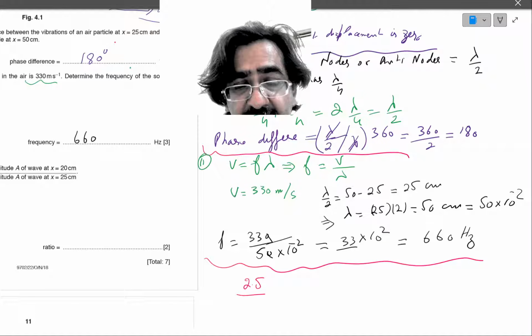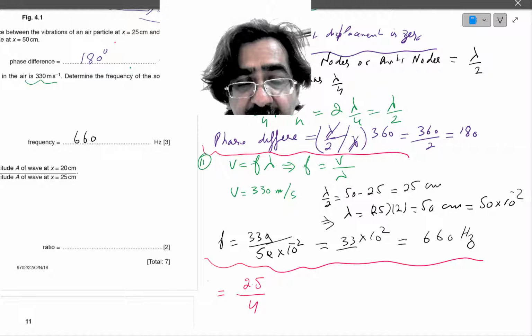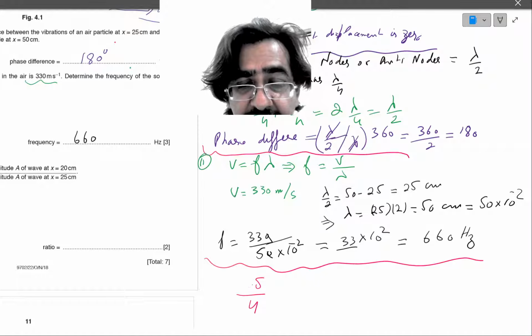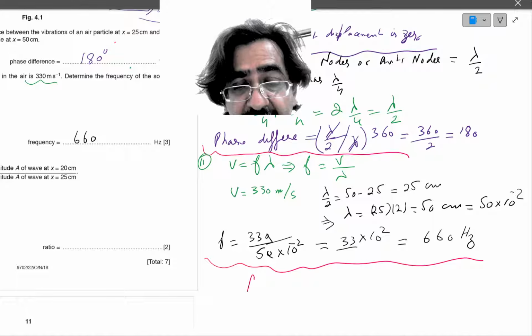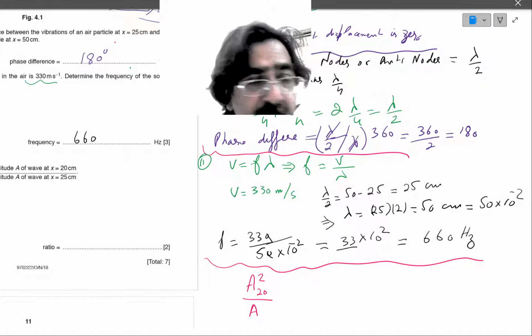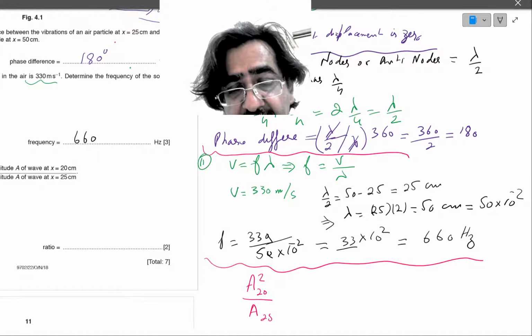And this is a 4 because this is a square. Okay, sorry, I must write A at 20 divided by A square at 25.